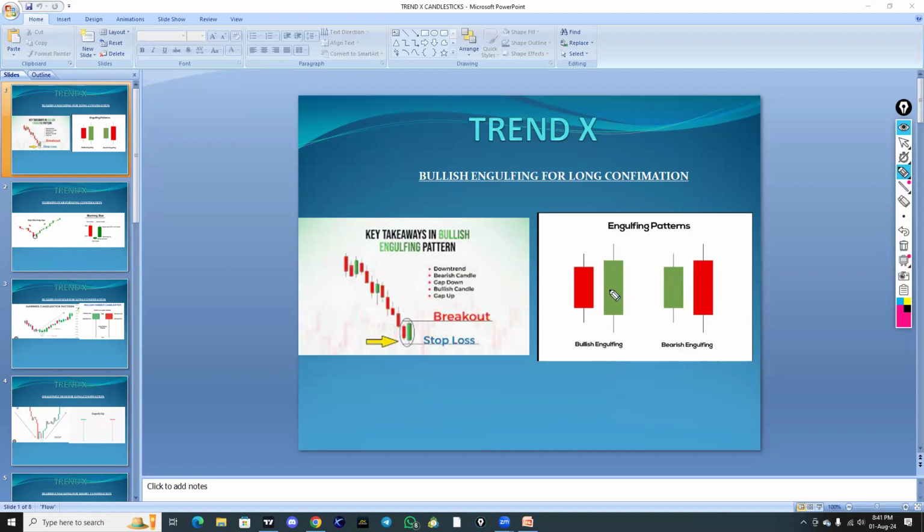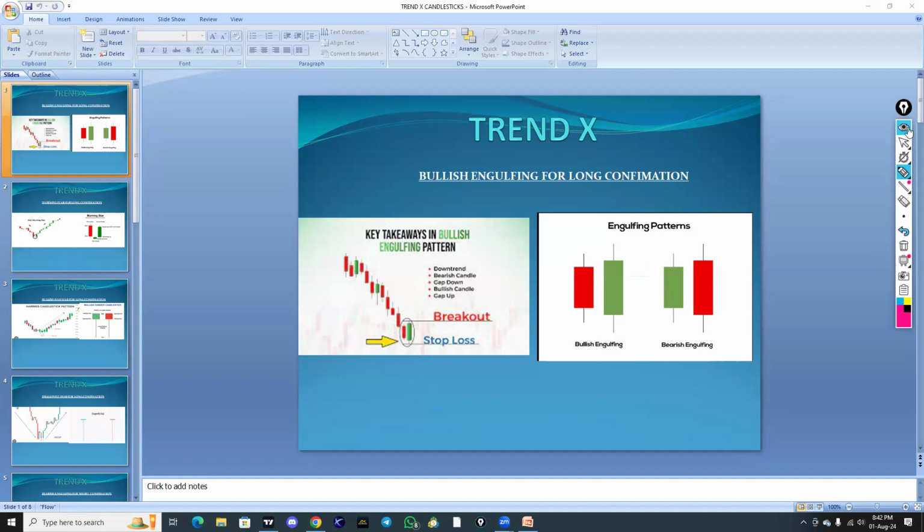When you see this near daily trend X, our trade will start after closing this candle. Once the candle closes, you can see the previous candle is small compared to this. So our trade will execute from here, with stop loss below daily trend X, and the daily trend X should be narrow.